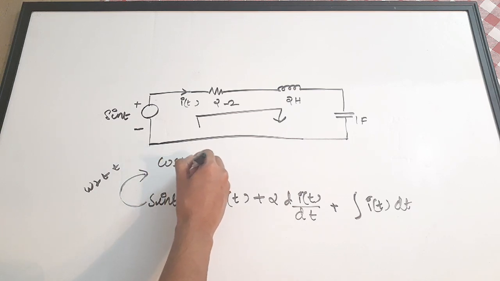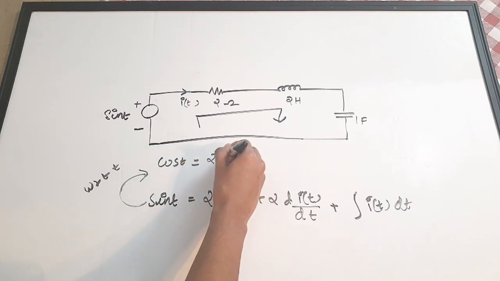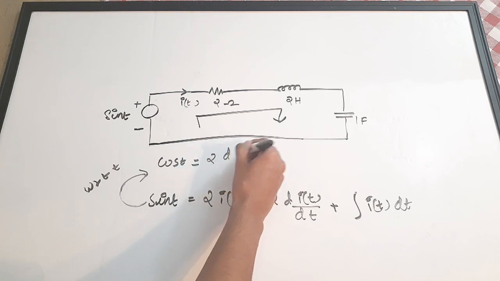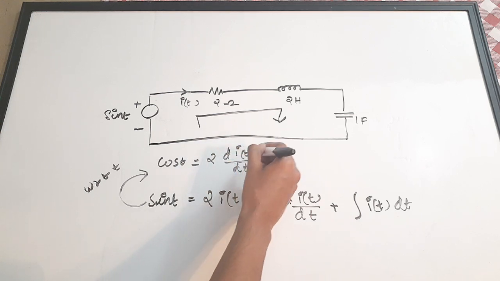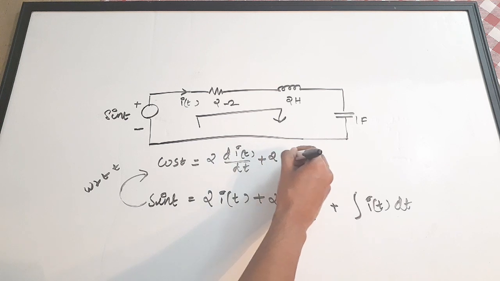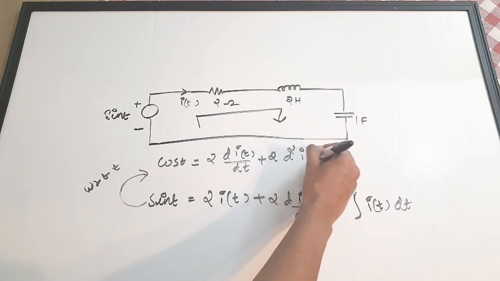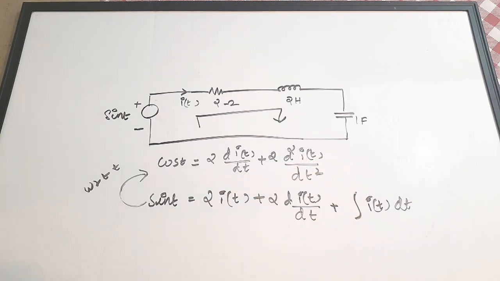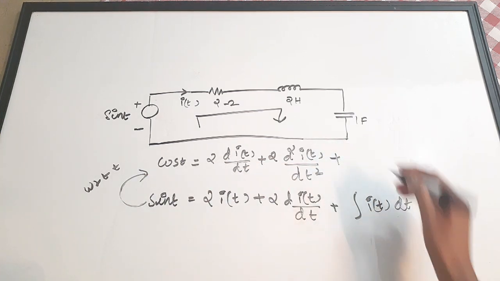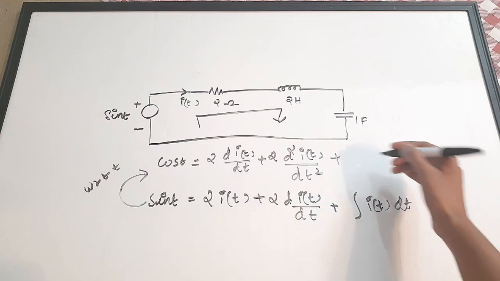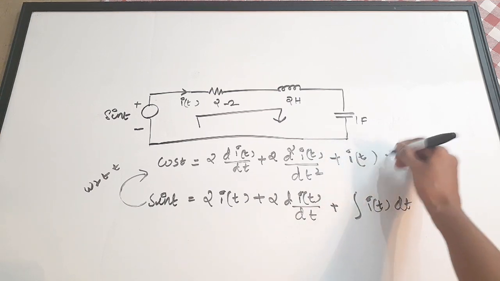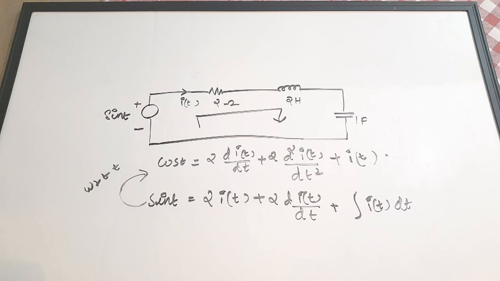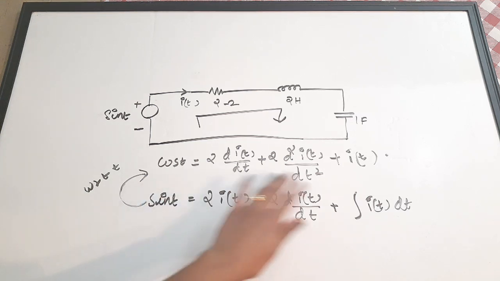So cos of t is equal to 2 di of t by dt plus 2 d square I of t by dt square, since it is a differential so it will be square, plus integral, take its differential, so you'll be getting I of t. So this is the differential equation.